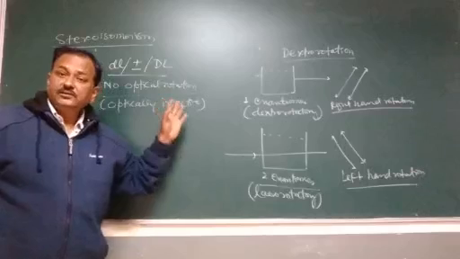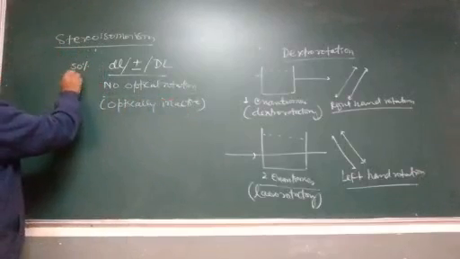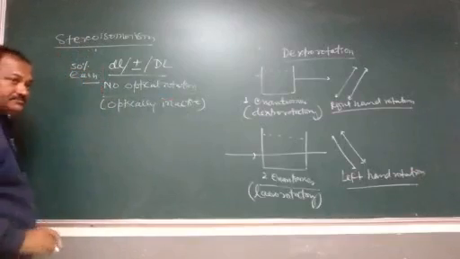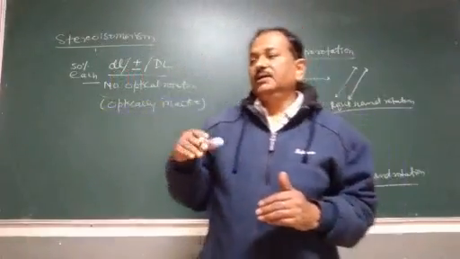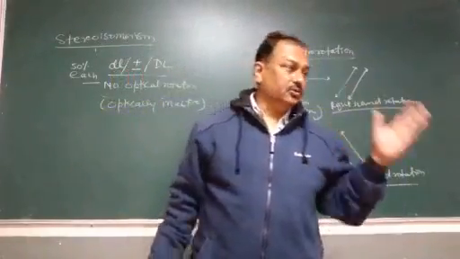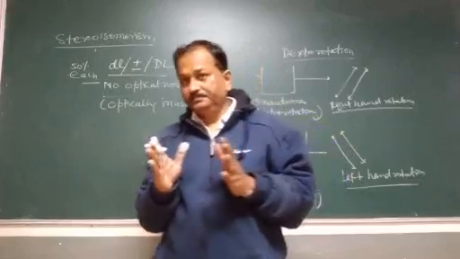In this condition, we assume that they are in the amount of 50% each. It means if one isomer rotates toward the right side, the other will rotate toward the left side in the same quantity. So the overall result will be 0.